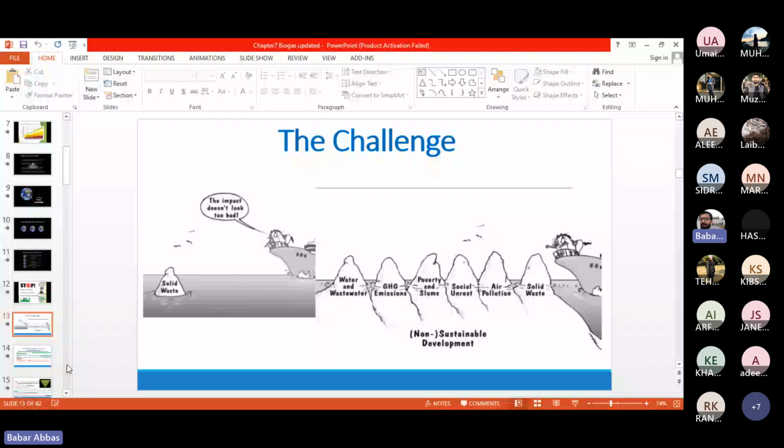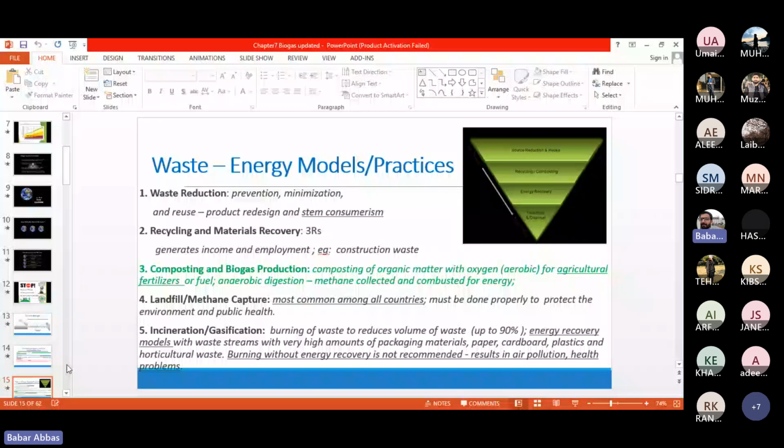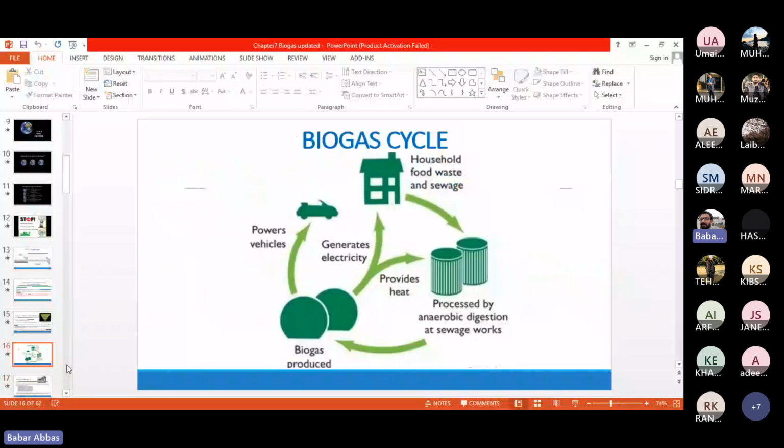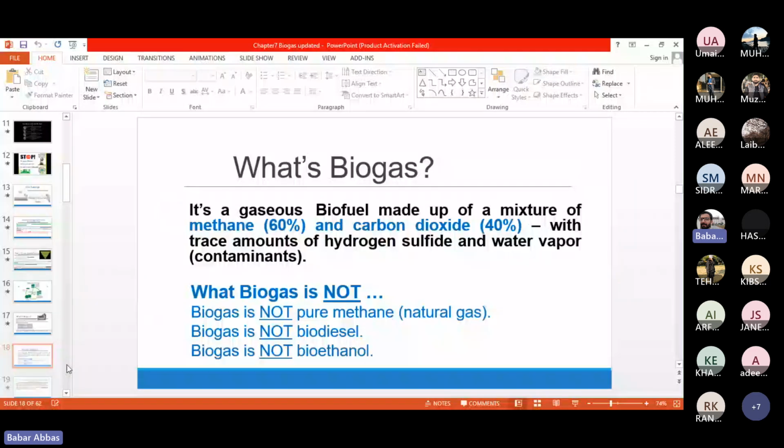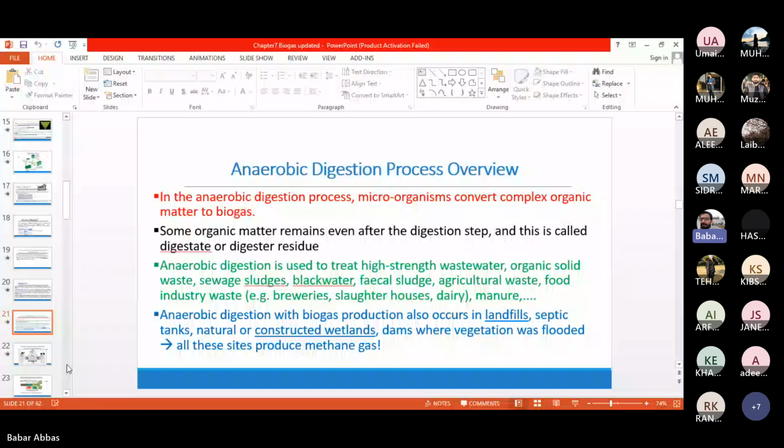Then the basic terminologies of the waste and the conversion of the biogas waste into the biogas. We came into the system by knowing the different reactor designs, the stages involved in a reactor, and the phases involved in a reactor.